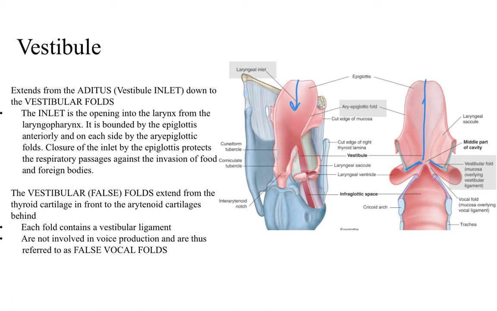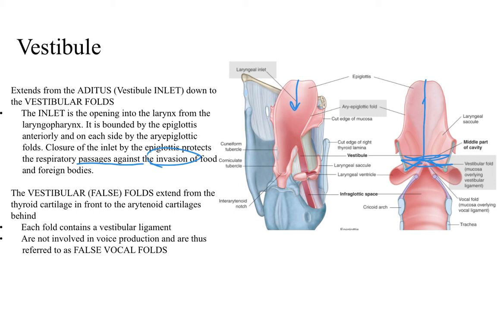Anterior is going to be, of course, the epiglottis, and when the epiglottis closes, it's going to close off this area, and food is going to pass over it, down into those pharyngeal recesses that we talked about with the pharynx, and then go into the esophagus and not get into the airway. So it's going to protect the respiratory passages against what we call invasion of food and foreign bodies.